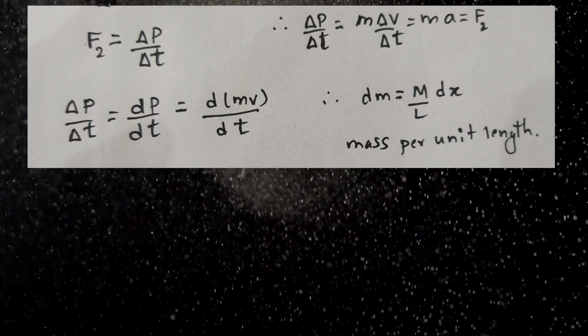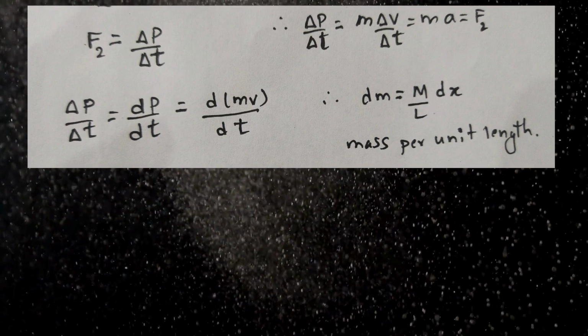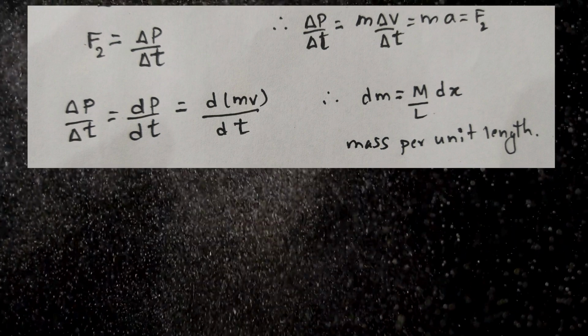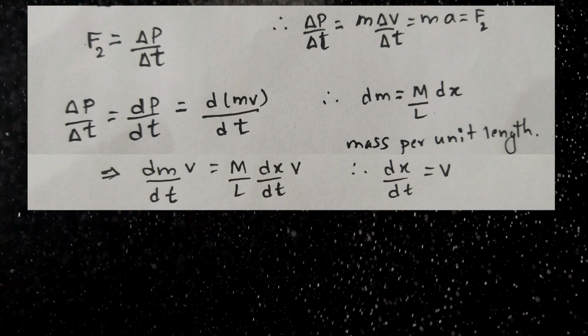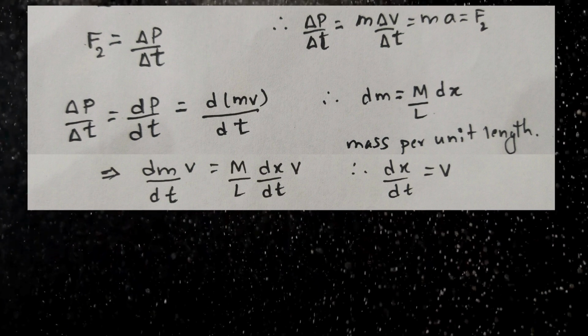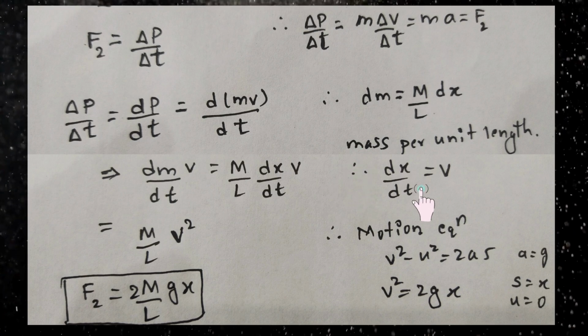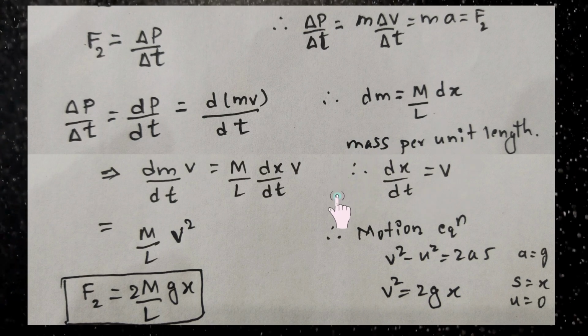In place of dm, we use the linear density of the chain, so dm = (m/L) dx. When you substitute that, we get (m/L)(dx/dt) v. As we know, dx/dt is velocity, so when you substitute v, we get (m/L) v².